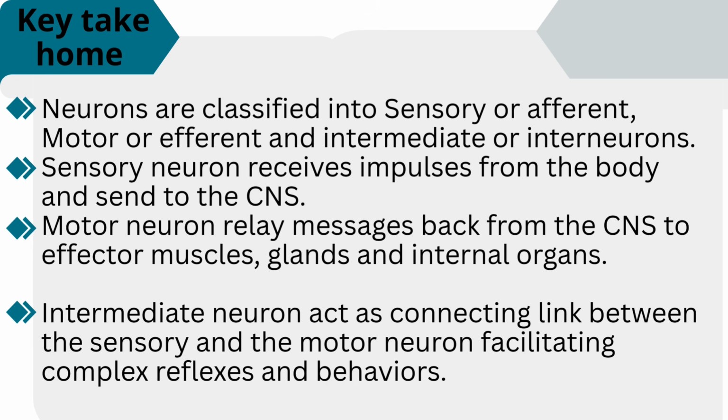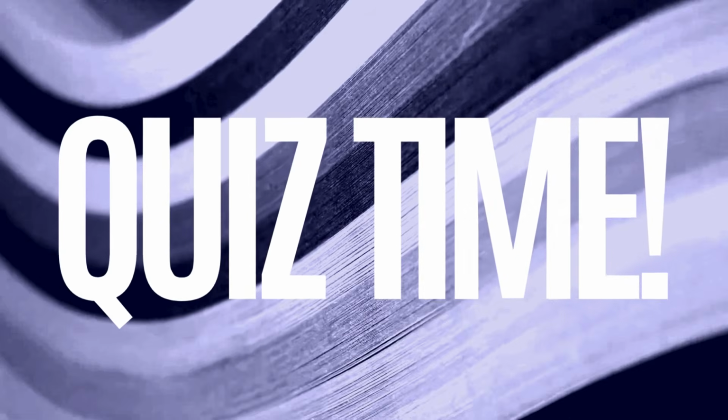Motor neuron relay messages back from the central nervous system, that is the brain and the spinal cord, to effector muscles, glands, and internal organs. While the intermediate neuron acts as the connecting link between the sensory and the motor neuron, facilitating complex reflexes and behaviors.